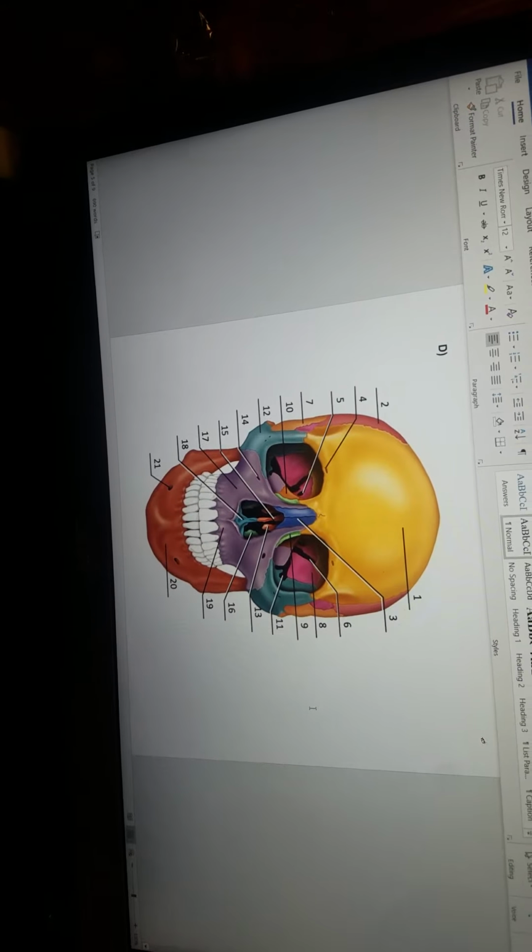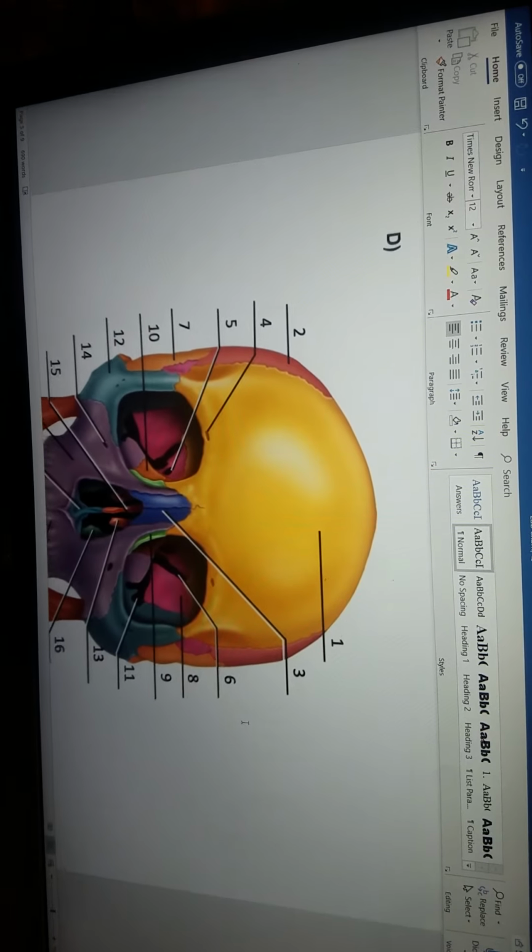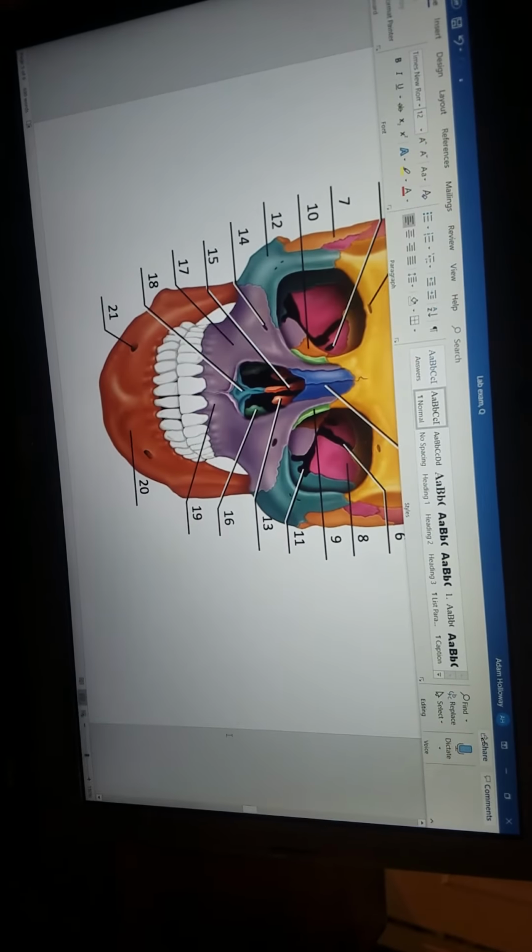Number 1, we have the frontal bone. And then let me just enlarge this a little bit so we can see it.